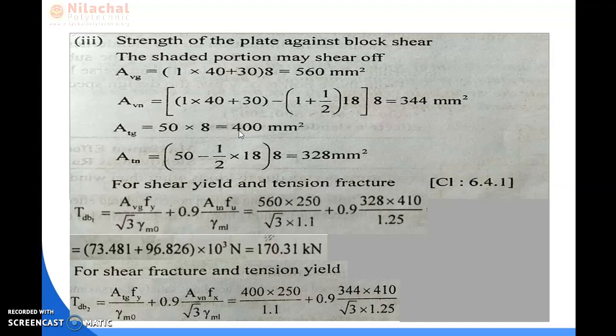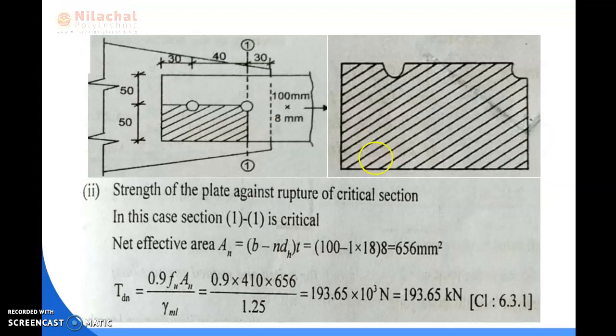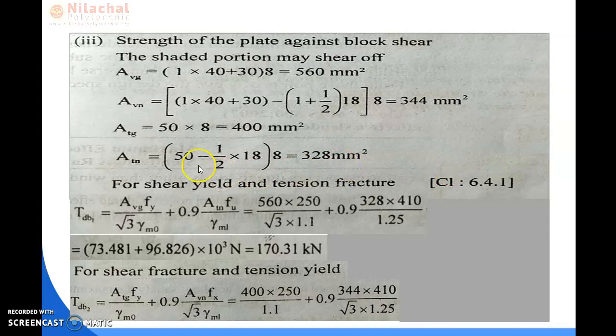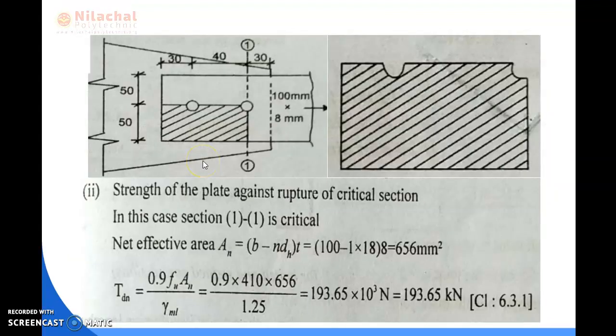So now comes the ATN calculation. To calculate the ATN, it's similar to the AVN calculation. So here we just deduct the bolt hole portion from the total width of the T line. So you can see here the total width of the plate of the block shear portion along the T line, which is 50 mm, minus the number of bolt holes, which is this portion along the T line.